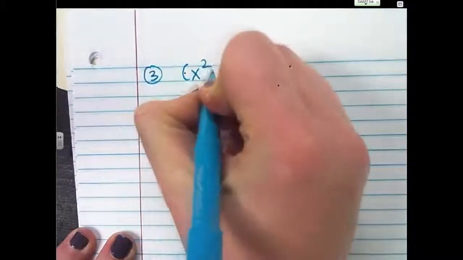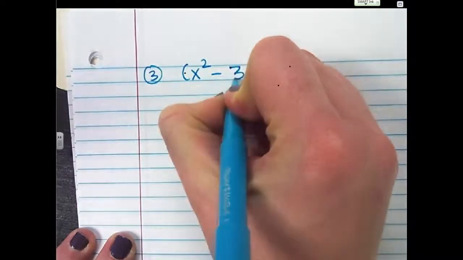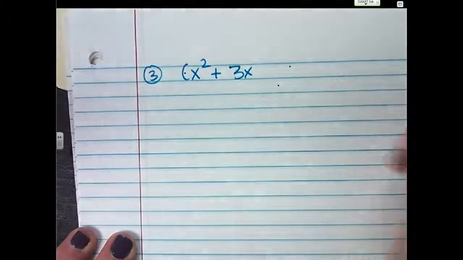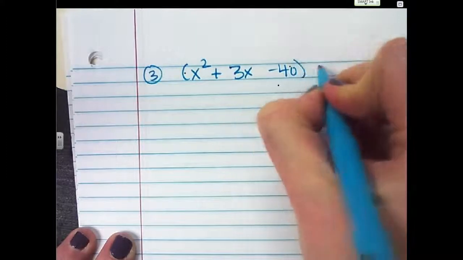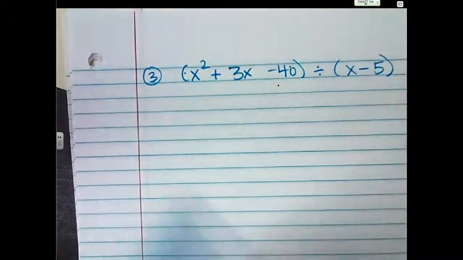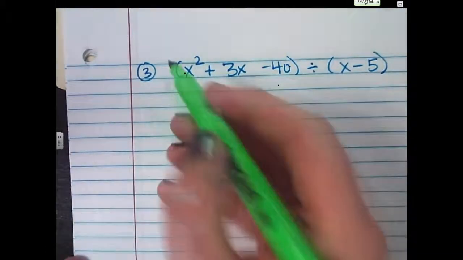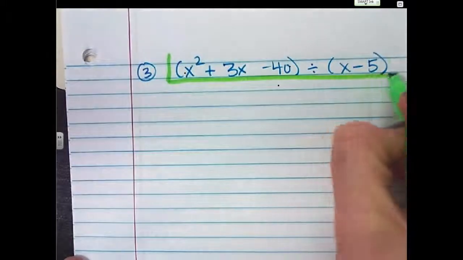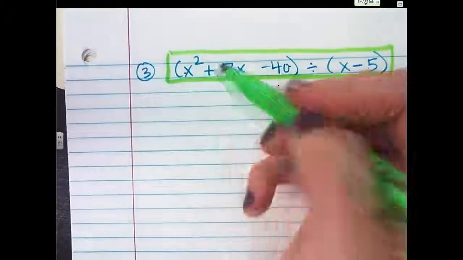Alright, so number 3, let's try one. x squared plus 3x minus 40. We're going to divide that by x minus 5.